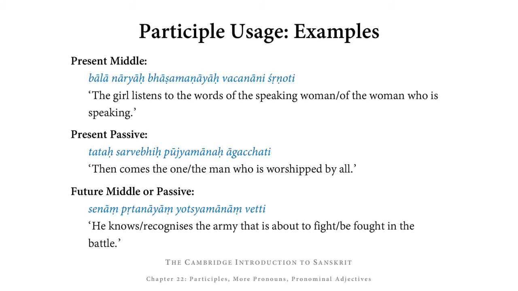Yotsyamānam can be future middle or it can be future passive. Only if we have further context to the sentence can we then decide whether this, in this specific case, is a future middle participle, the army that is about to fight, or a future passive participle, the army that is about to be fought.